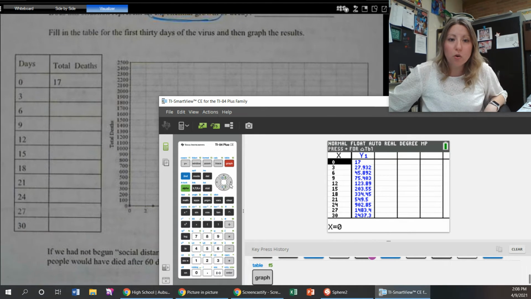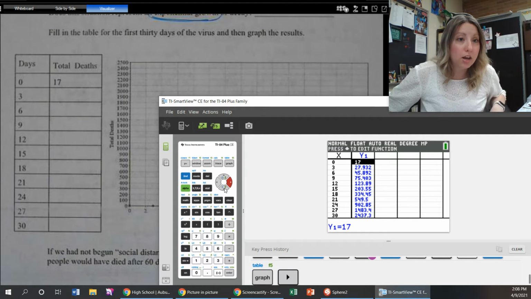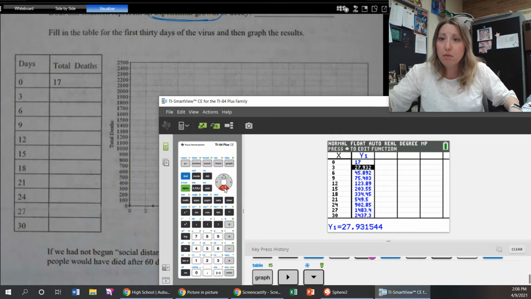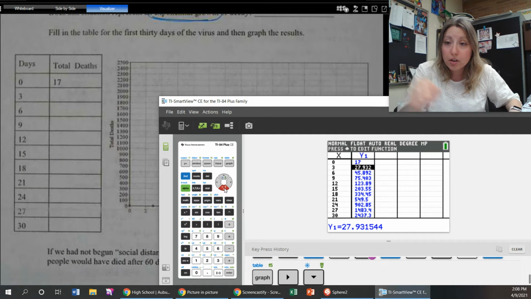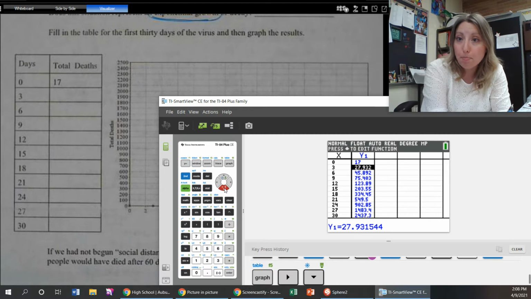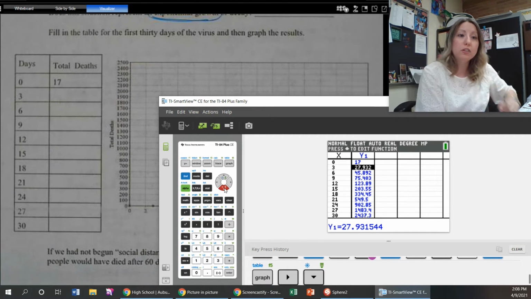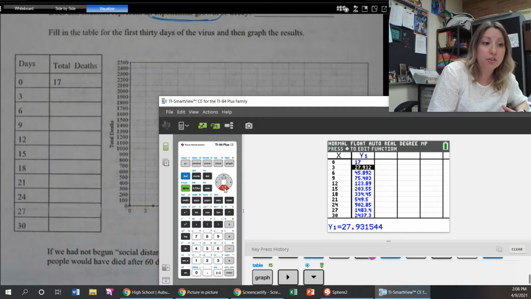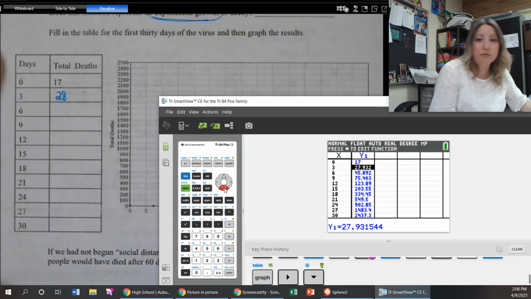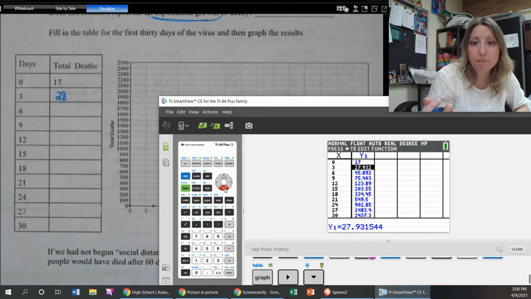Okay. So remember, this is going by threes. Now let's get our matching Y's. So of course, day 0, 17. Day 3, notice I have put my cursor on my value because I'm going to need to see my decimals to be able to round up or stay where I am. In this case, my value for deaths on the 3 days later is 28. 27.9 rounds up to 28.